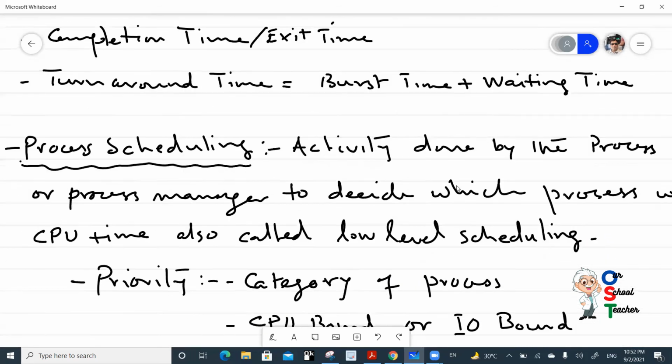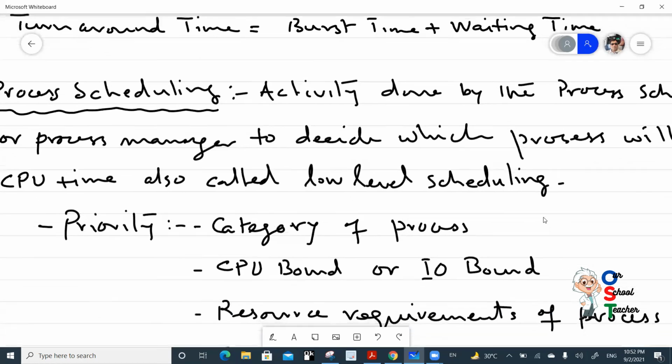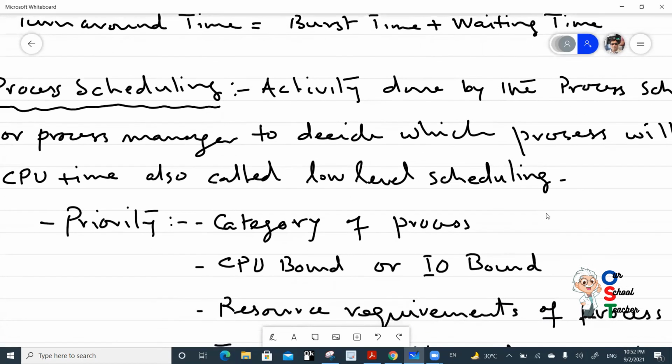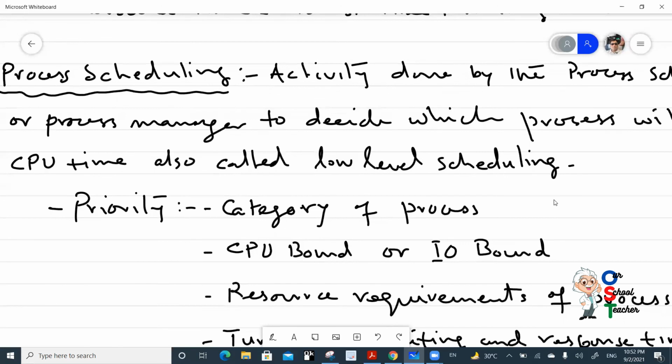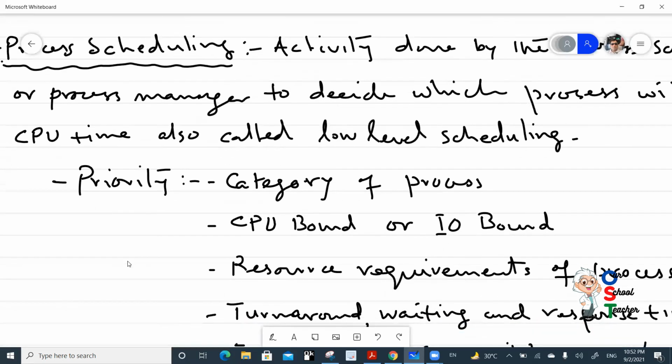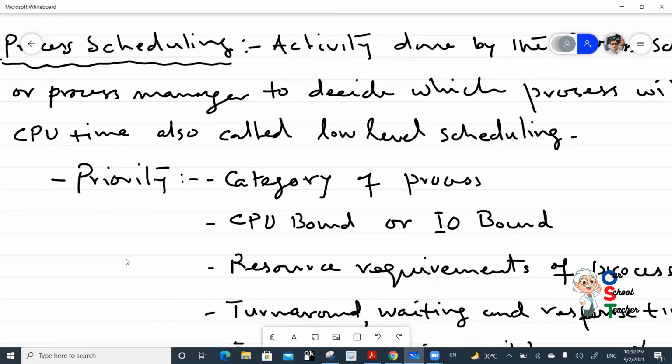This is the activity through which the process is given CPU time, and it is done by the CPU process scheduler or process manager. I also have told you that process scheduling can be divided into two parts: low level scheduling and high level scheduling.